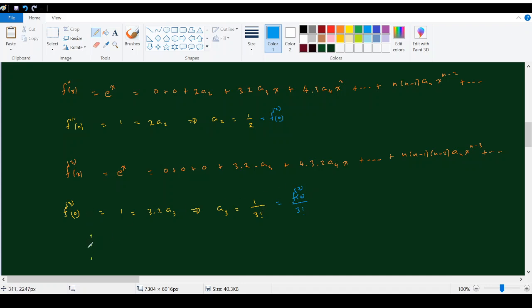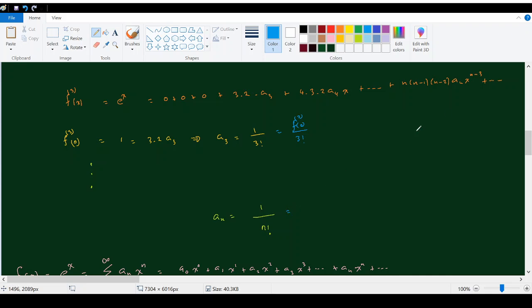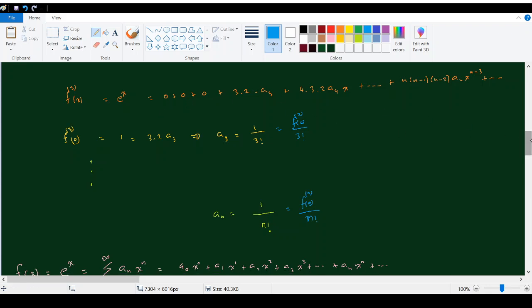And if you do a couple more steps, you will realize that the general nth term is given by this value, right? The nth derivative evaluated at 0 divided by n factorial. So this is a normal pattern that will emerge when you do the calculation, right?